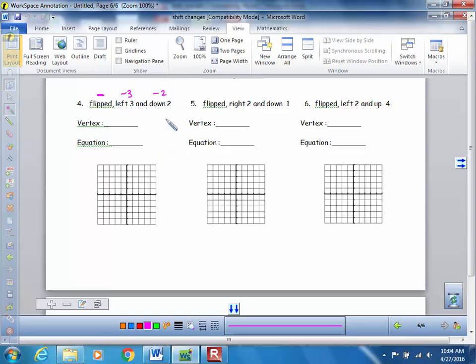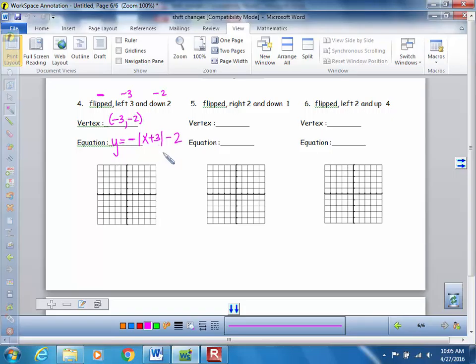Okay, so my vertex is strictly these numbers, which is negative 3, negative 2. Then when I write my equation, I'm going to get y equals, and at the very beginning of the equation I need negative, then I'm going to do the absolute value of x plus 3, close your absolute value, minus 2.